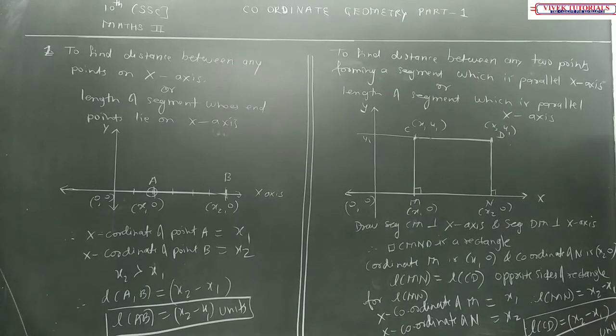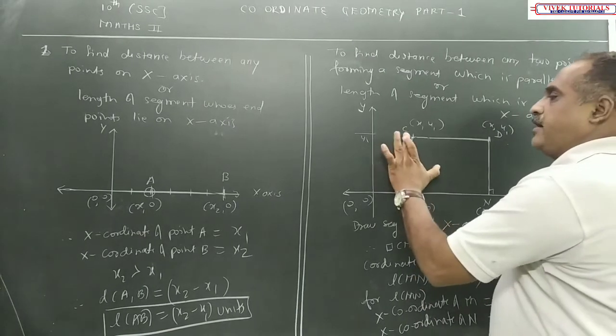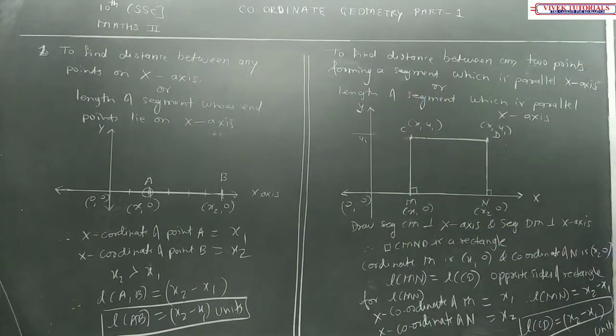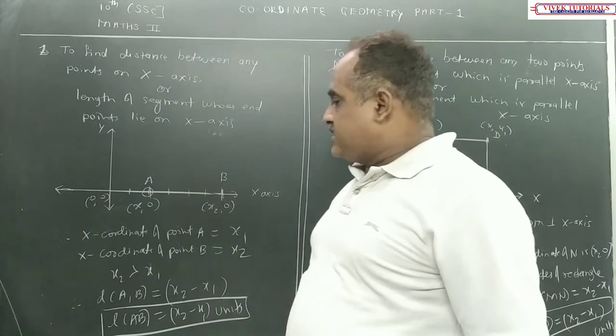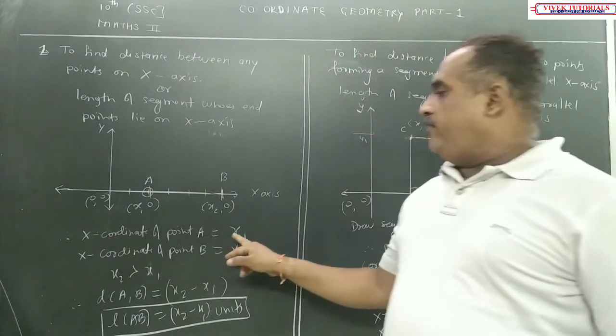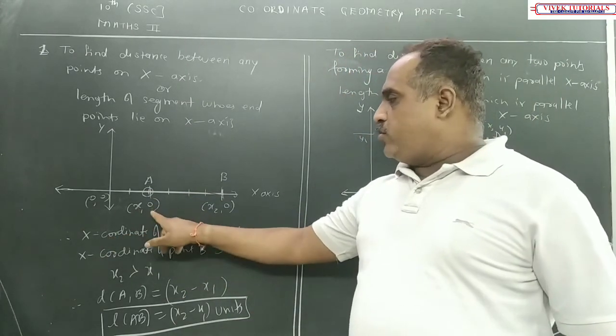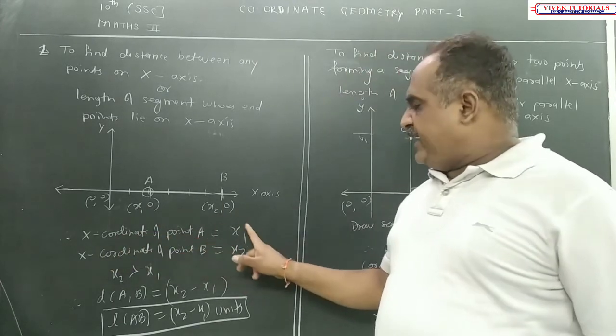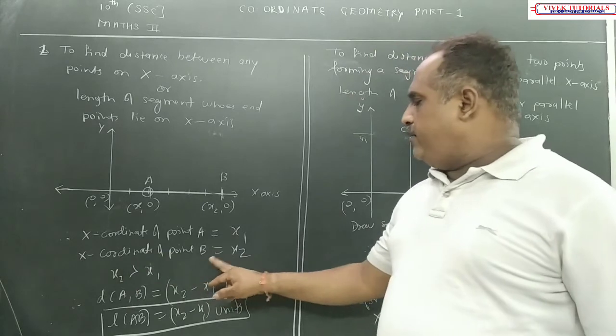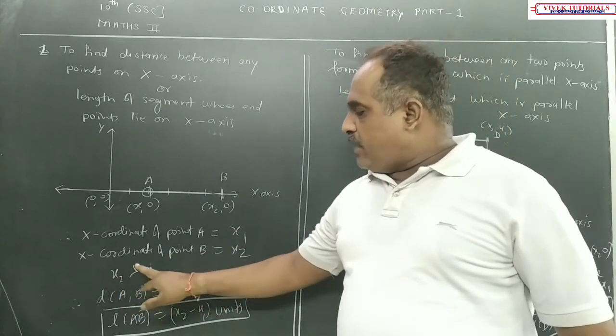So now this is again an important thing. I will repeat, I will take both the things together. To find out the length of a segment whose endpoints are on the x-axis, the x coordinate of A is x1 and the x coordinate of B is x2, so x2 minus x1.